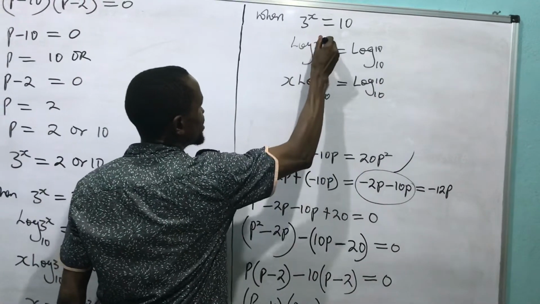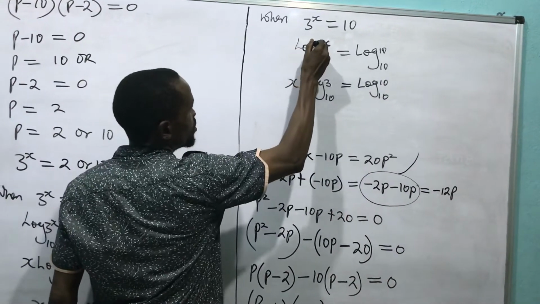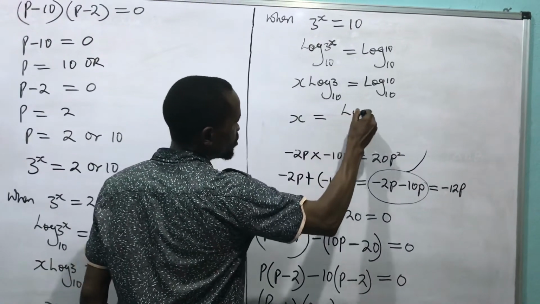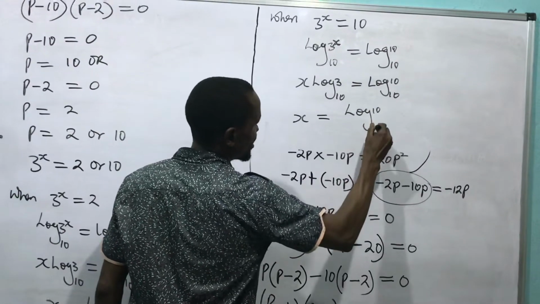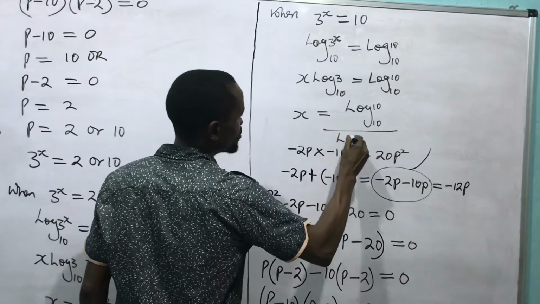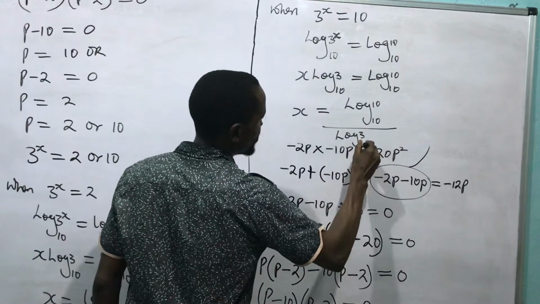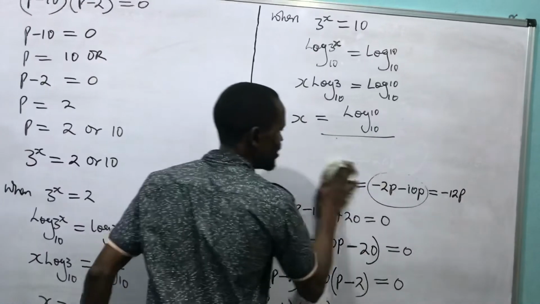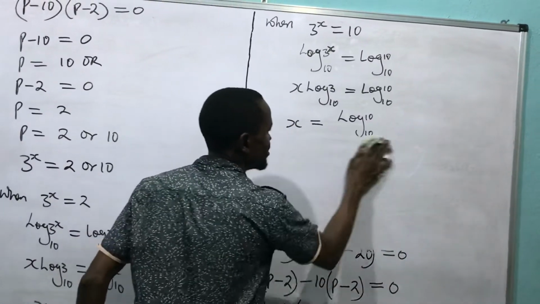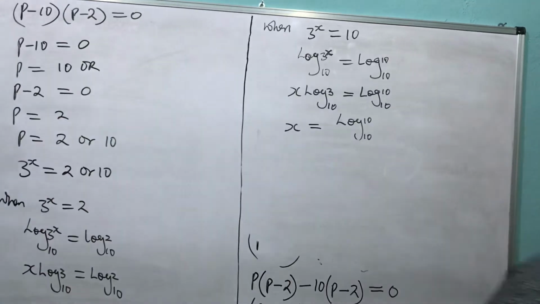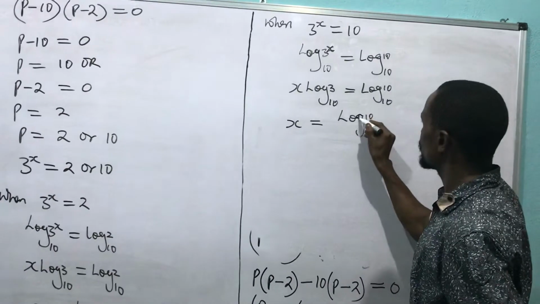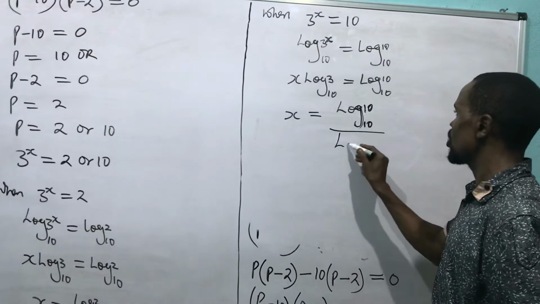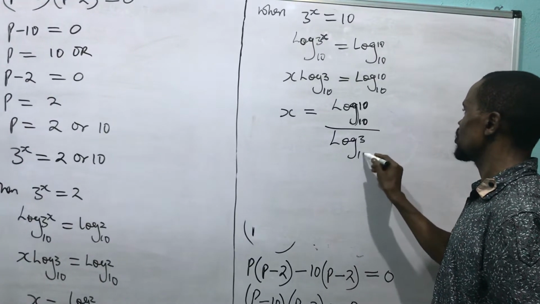And this is clear to you. Then we have X will now be log of 10 base 10 divided by log of 3 base 10. Let me clean this for clarification. So now this becomes log 10 over log of 3 base 10.